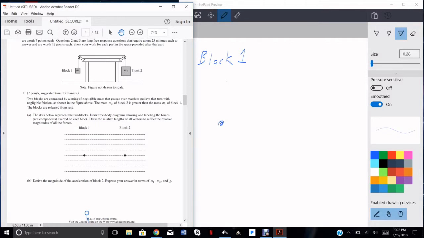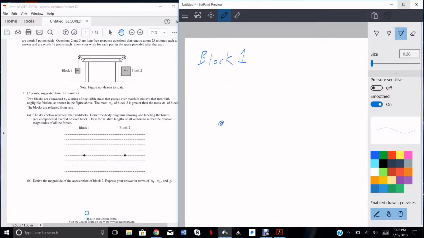Block 1. We know that it is experiencing a force of gravity. The force of gravity is equal to the mass of the block, which is M1, times gravity, which is negative 9.81 meters per second squared.